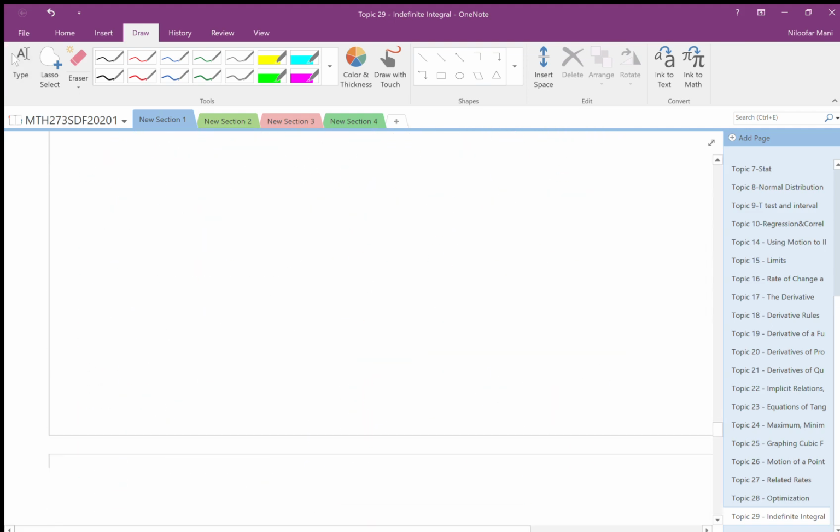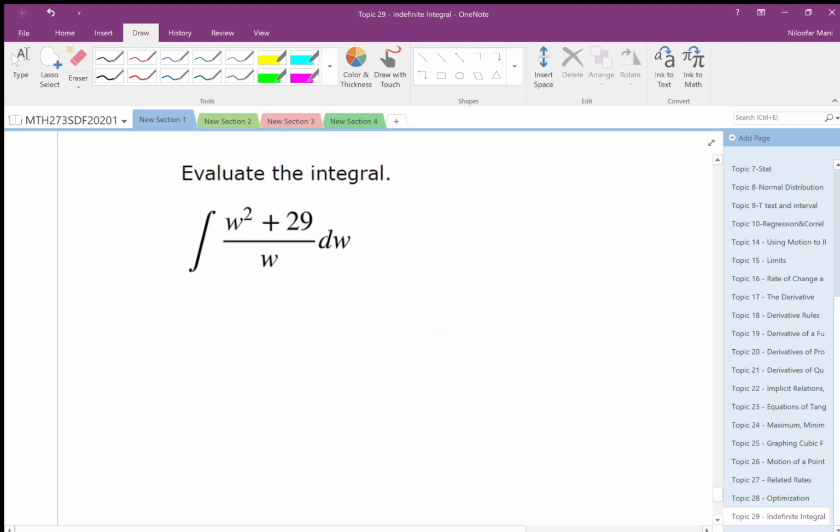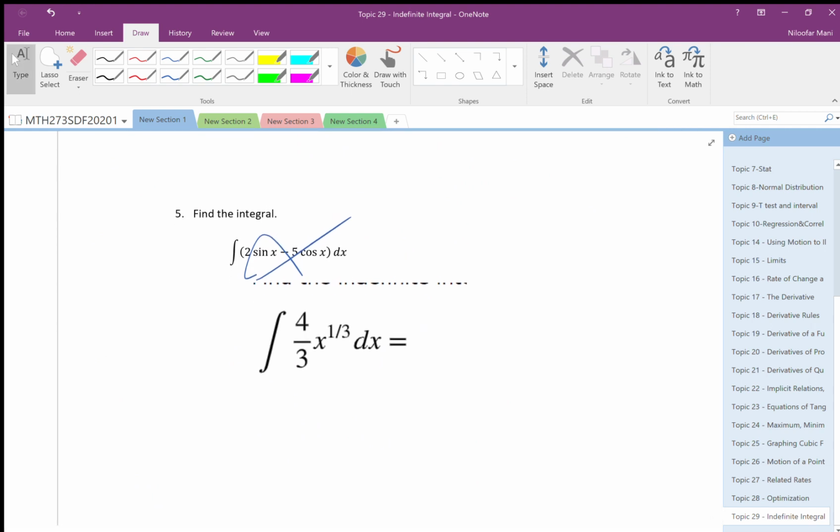Okay, I added these as examples here. Look at this. I have a number beside. Remember, if it is a coefficient and a number, I can bring it out, 4 over 3.